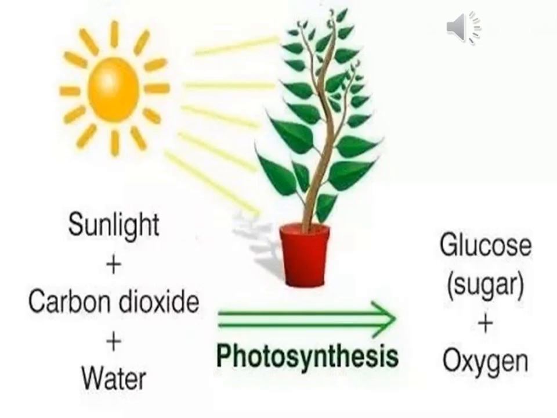Now let's see what reaction takes place during the process of photosynthesis. You can see that carbon dioxide plus water, in the presence of sunlight and chlorophyll, turns into sugar and oxygen gas, and this oxygen gas is released into the air, means it is given out, and the sugar which is prepared is the food of the plant, which gives energy to the whole plant.